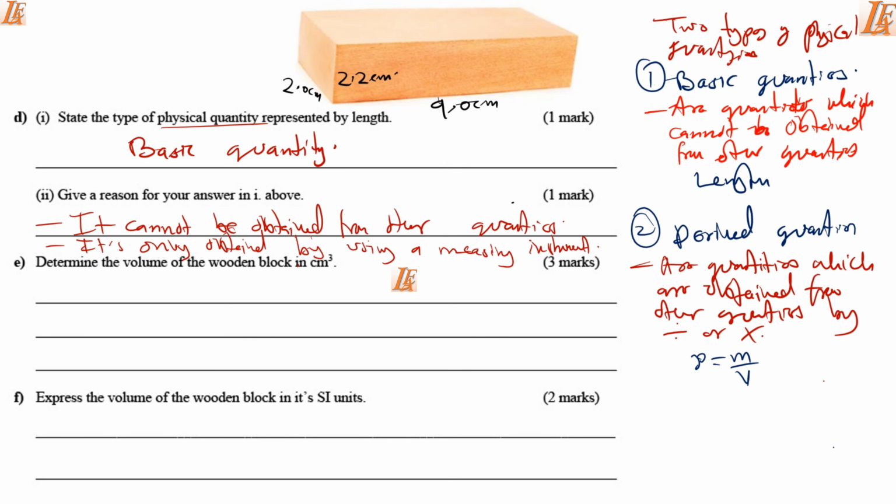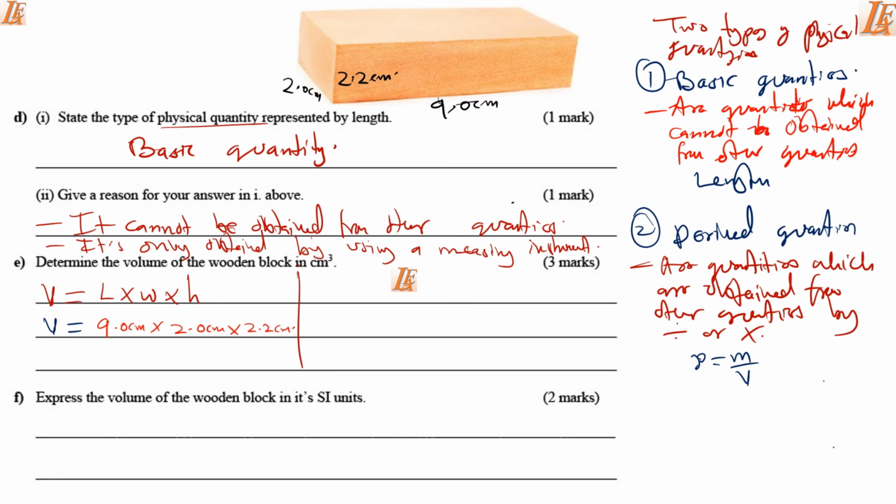In this case, since we have our wooden block up there, volume is equal to length times width times height. So volume is equal to length, which is 9.0 centimeter, times width, which is 2.0 centimeter, times height, which is 2.2 centimeter.